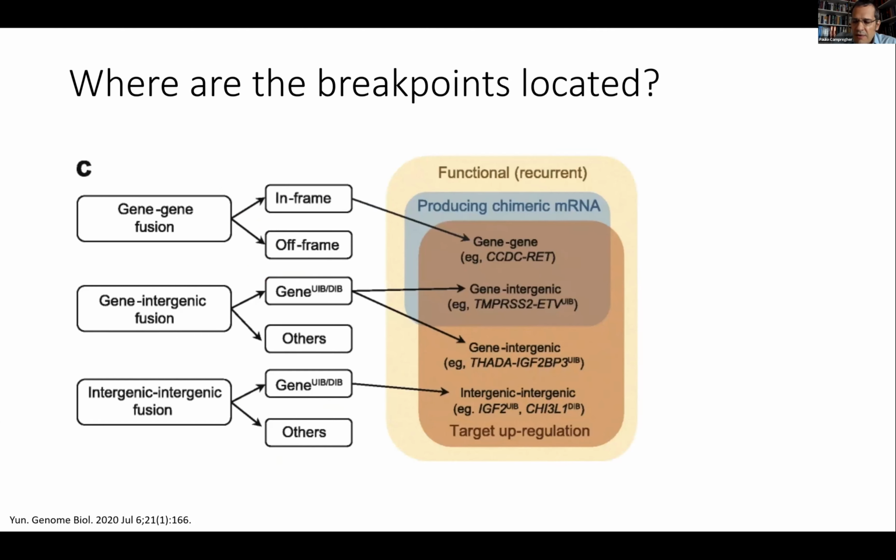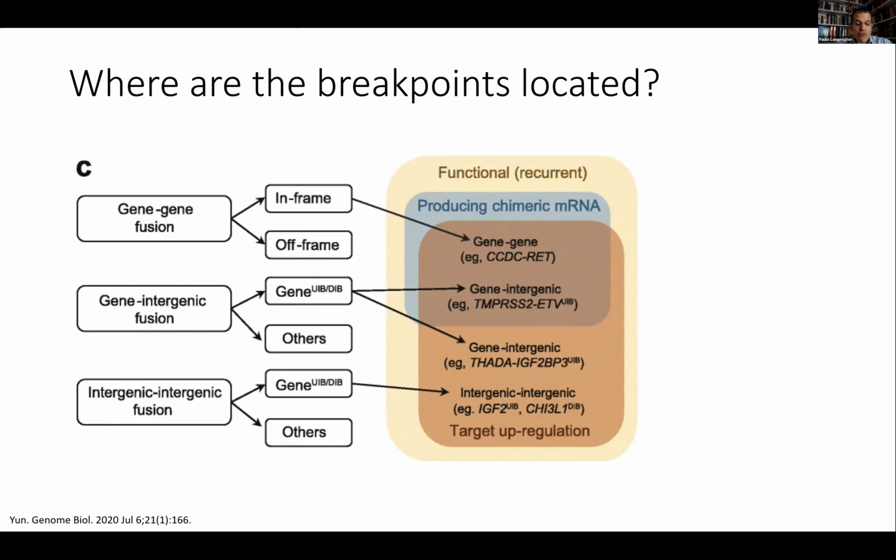And another relevant point for us to pay attention to is where the breakpoints are located, right? The breakpoints could be inside two genes, or one breakpoint could be in an intergenic region and the other inside a gene, right? We are always talking here about two breakpoints, or both breakpoints could be in intergenic regions.